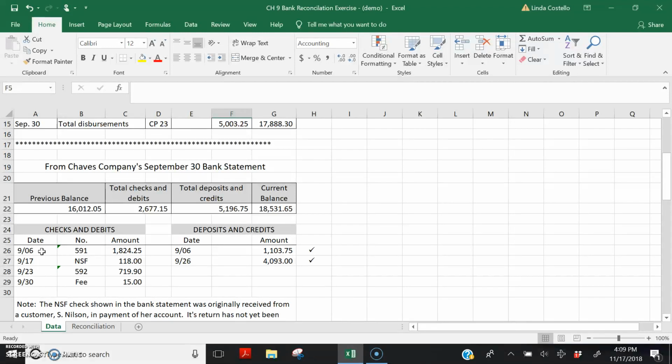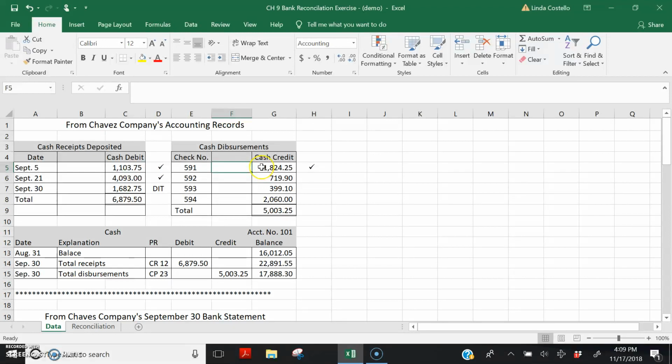So let's put a check mark next to the amount in both the book details and on the bank statement. This amount was paid by the company and cleared the bank, so the books and bank statement are in agreement, and this check is not a reconciling item.